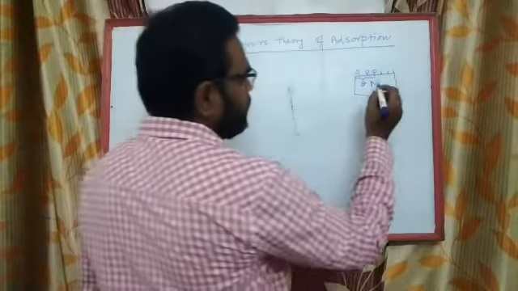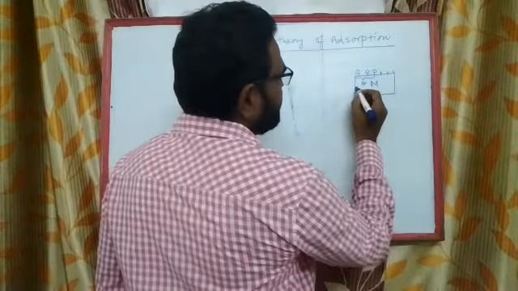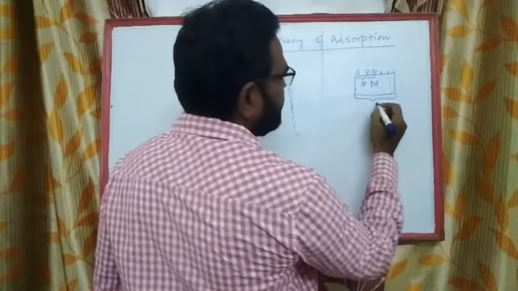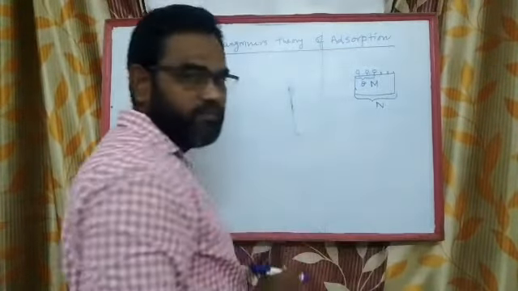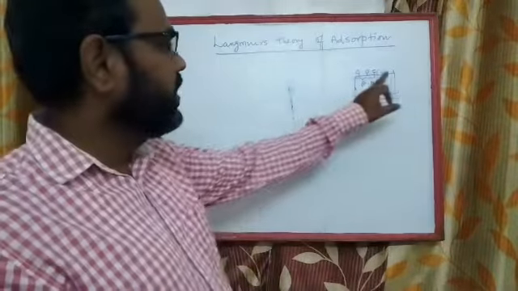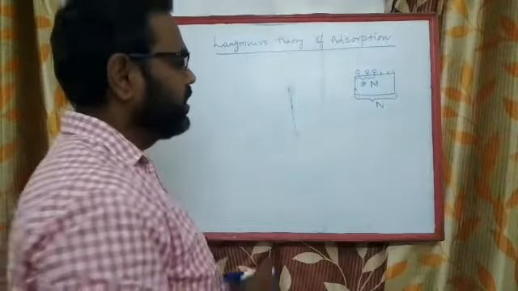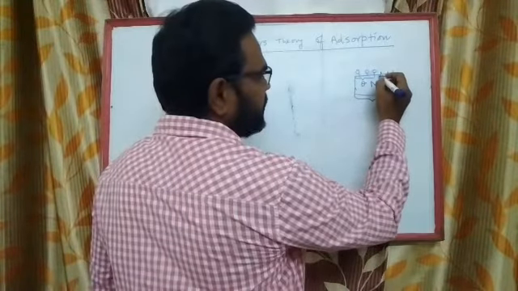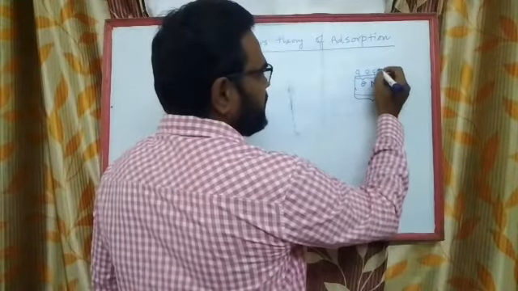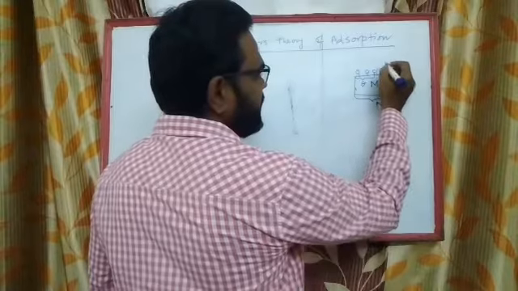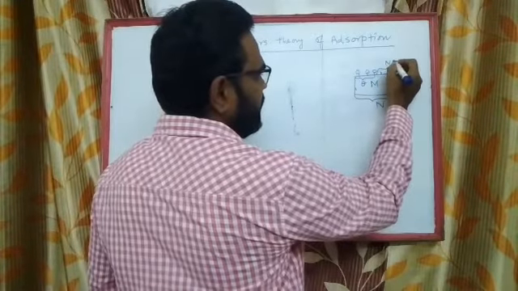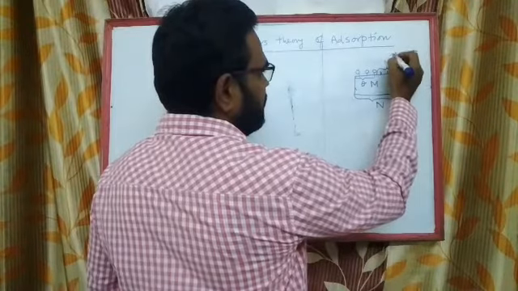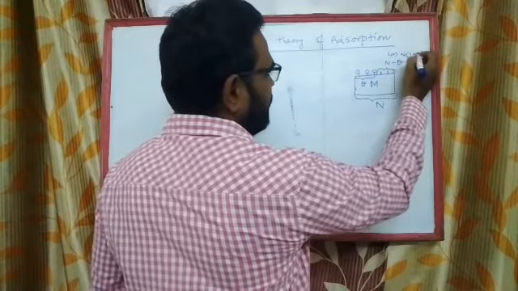So the total surface area from here to here can be noted as n. The total surface area up to this is called n. So what is the surface area which is unadsorbed? The surface area which is unadsorbed is equal to n minus theta, or n into 1 minus theta.